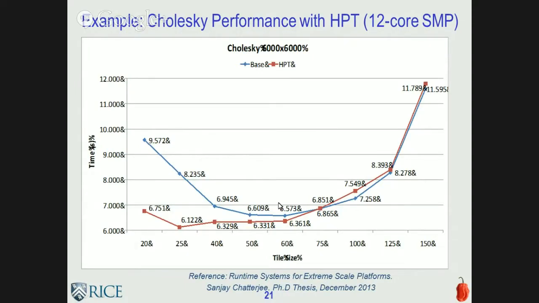So this is a tile Cholesky, and something happened with the PowerPoint going from Mac to Windows, I guess. But this is a tile Cholesky example where the baseline is the blue line and the red line is hierarchical place tree. Same computation, but just an affinity on where things should coexist.